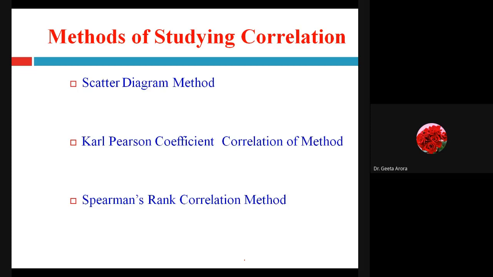Suppose there are 24 students in my class, how many students are cooperating with me, how many students are learning in this online session, then this can be given a rank. Correct? But I cannot quantify each and every student. So when I can number them, then actually I'm giving them a rank. Correct? So these are the three things we are going to learn for studying correlation.